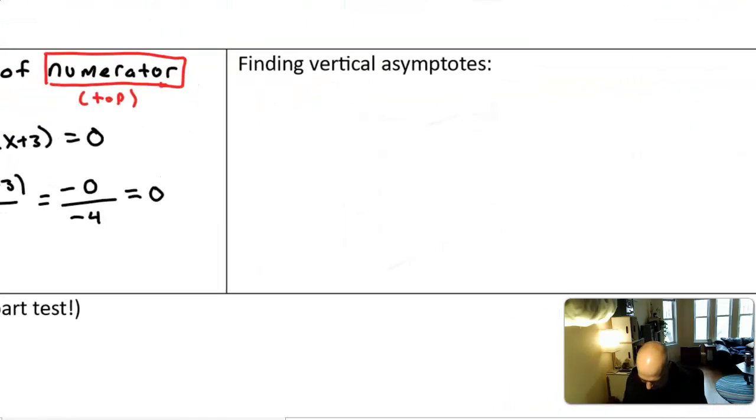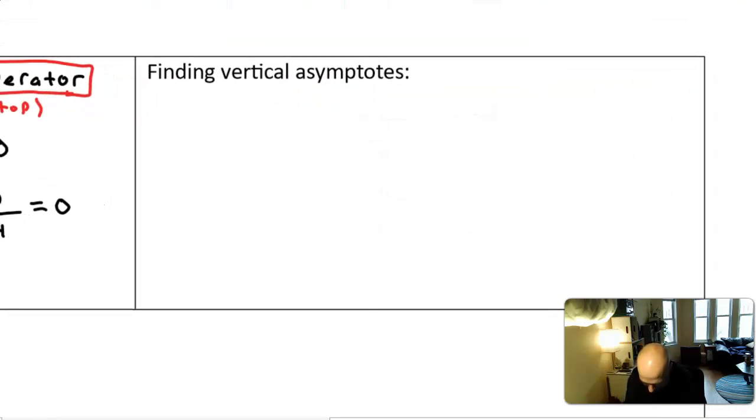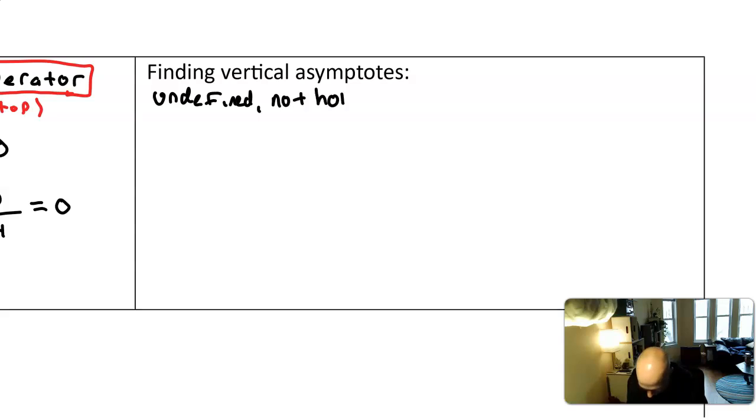What about the vertical asymptotes? Well, those are anything where the function is undefined that's not a hole. So we're going to say undefined, but not holes. And that's going to be at the zeros of the denominator.